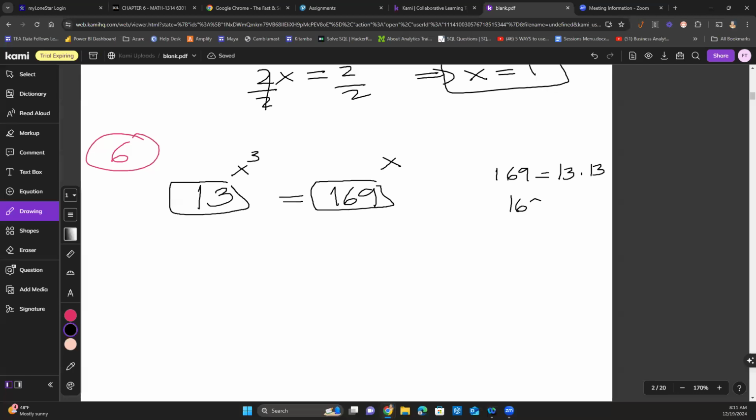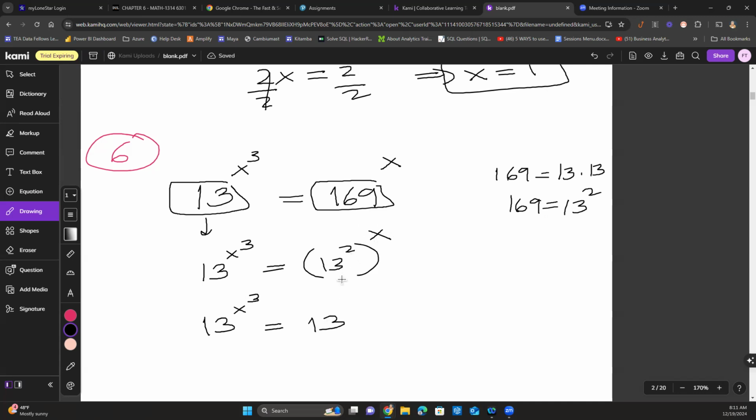And that means I can express 169 as 13 to the power of 2. So we're going to copy the first one. And then for this number, I'm going to write 13 to the second power, and then raise it to the x power. So the first side is 13 to the power of x cubed. And then on the right side, the base is still 13, and then 2 times x is 2x.